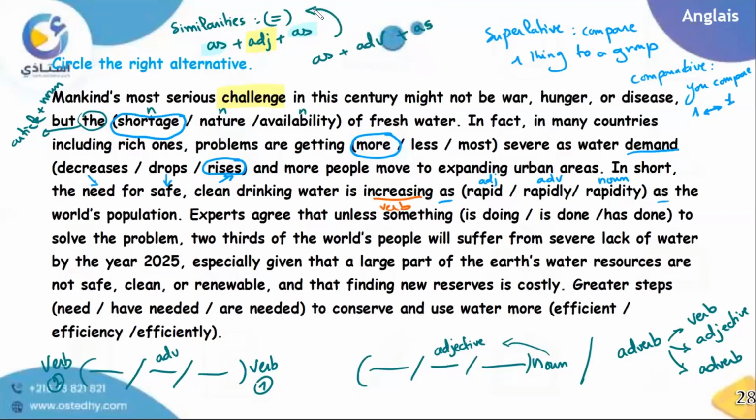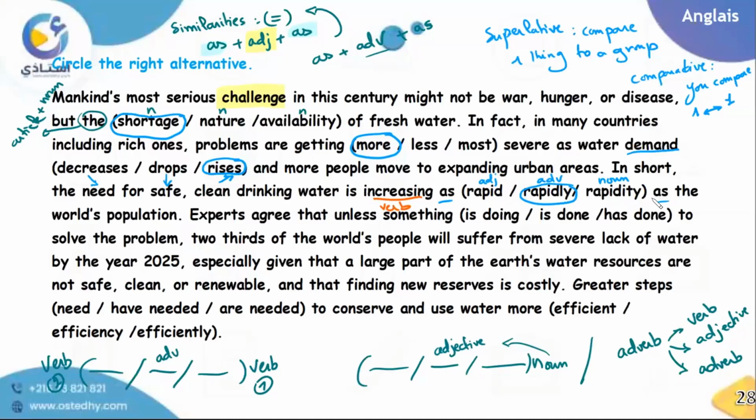Okay, this is also a similarity, but this is used with verbs, adjectives, or adverbs, and this is used only with nouns to compare nouns, and this is to compare an action. So here, yes, I guessed it right. It's an adverb, as rapidly as. I'm sorry for that. It's the verb increasing, or the action of increasing, that happened rapidly. As the world's population experts agree that unless something is done, has done to solve the problem.